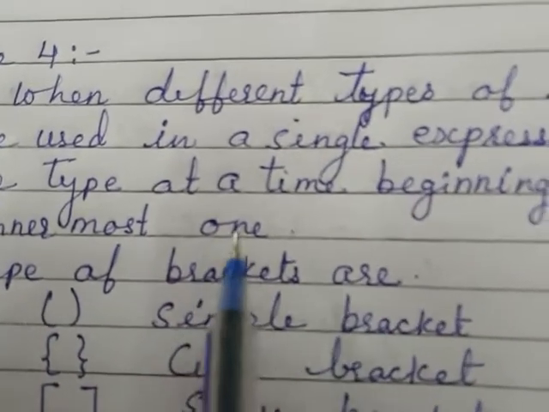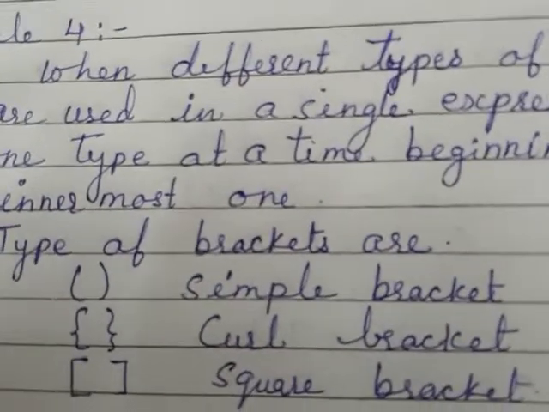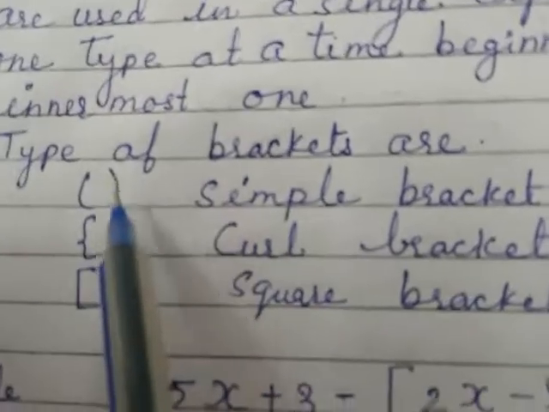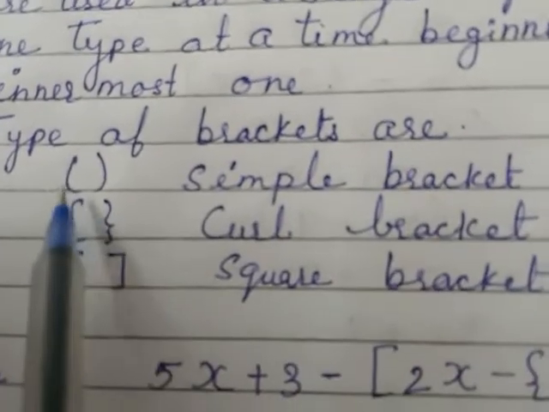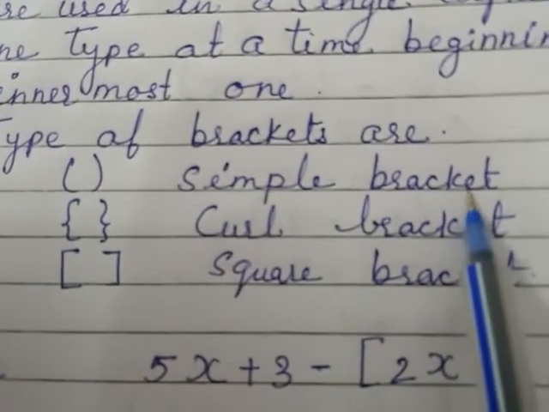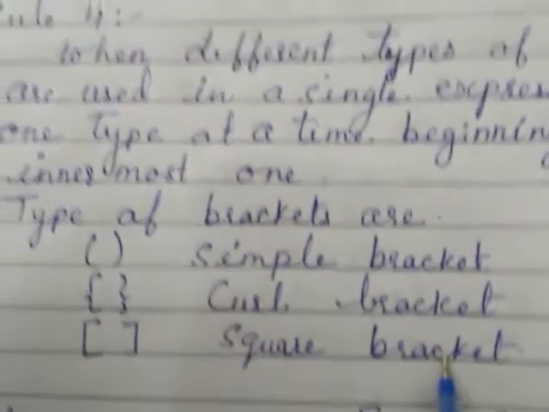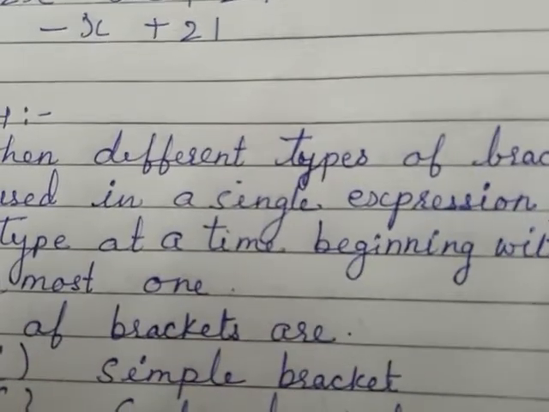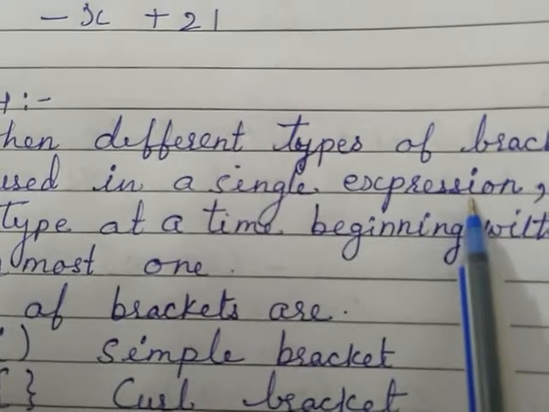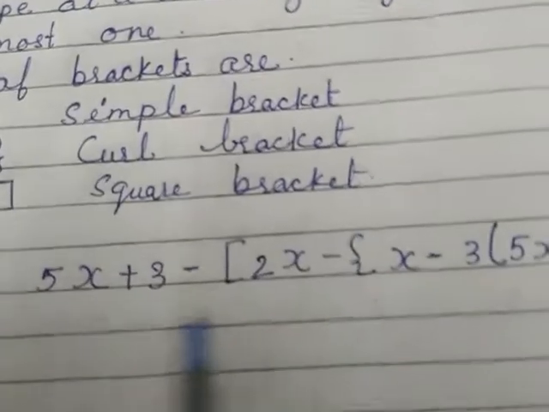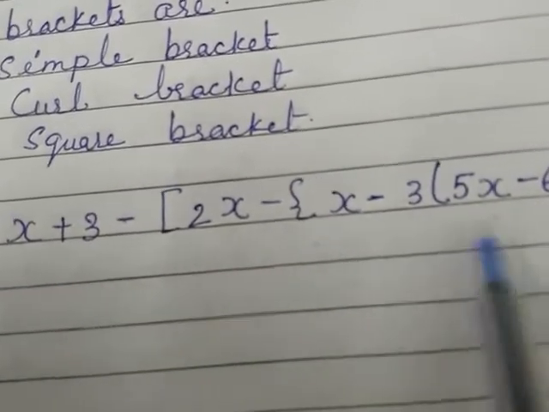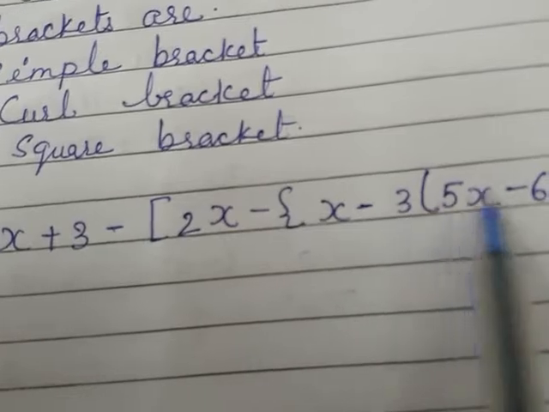So children, as you know, there are different types of brackets. See, I have written here the types of brackets, that is this one is the simple bracket, this is the curly bracket, and this is the square bracket. So when different types of brackets are used in a single expression, see here, this is an expression written here and different types of brackets you can see here.